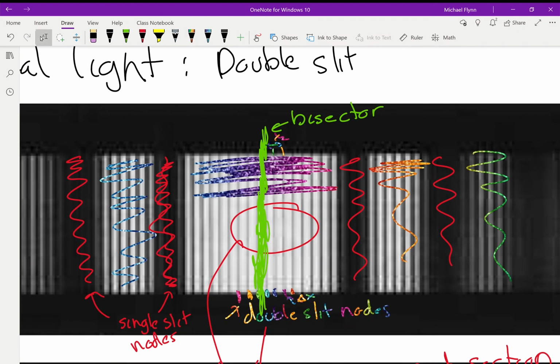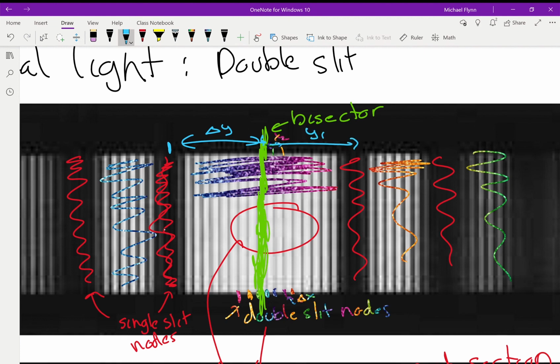But for the single slit pattern, the pattern itself is much bigger. So I'm going to use blue for this. If I measure from the center to my center here, that is delta y. In this case, if I go this way, that's y1.